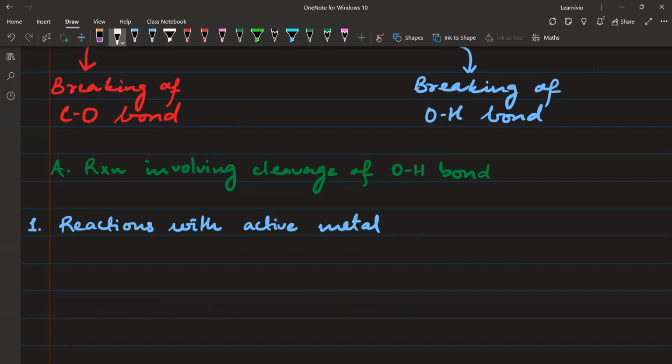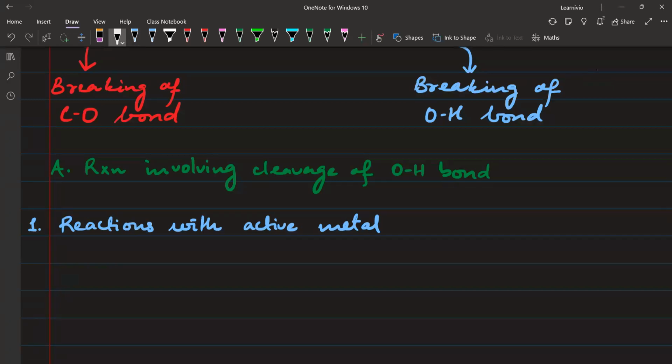Those who have done electrochemistry, or if you remember the 10th standard reactivity series, all the elements above hydrogen are going to show reactions with alcohol, and they are going to give you H2.